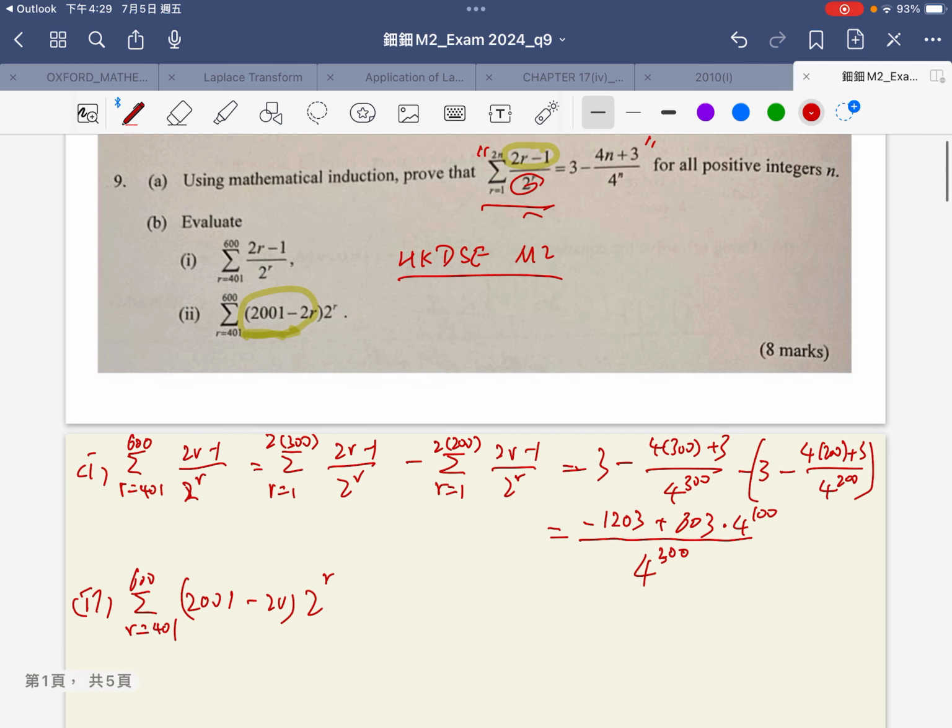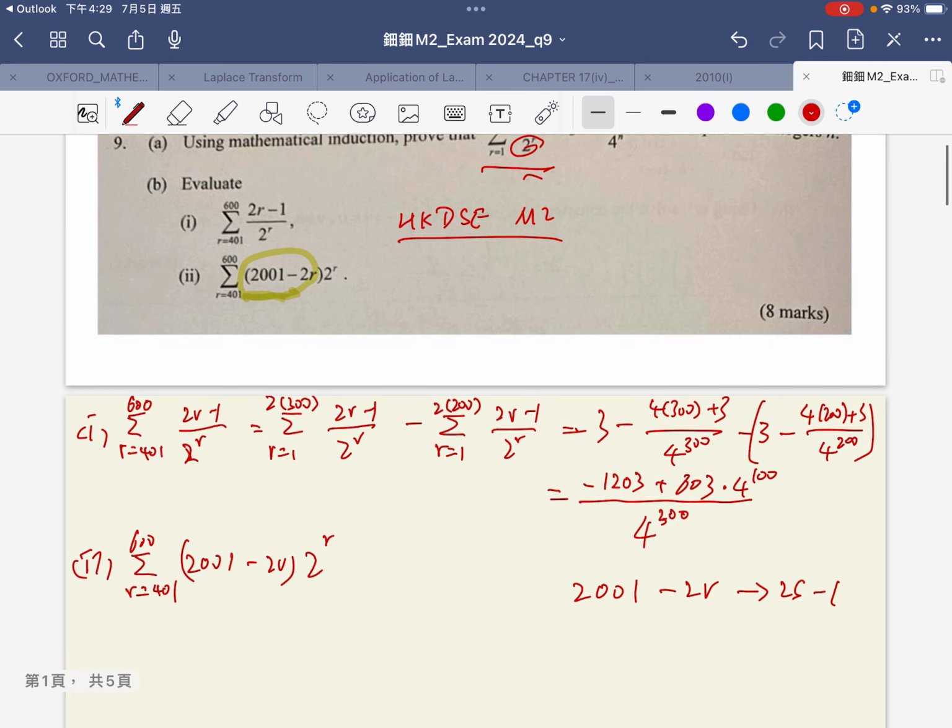Therefore, I only focus on one thing. I want to change 2001 minus 2r to the format of 2s minus 1.